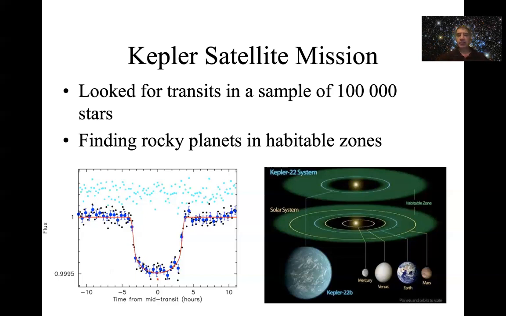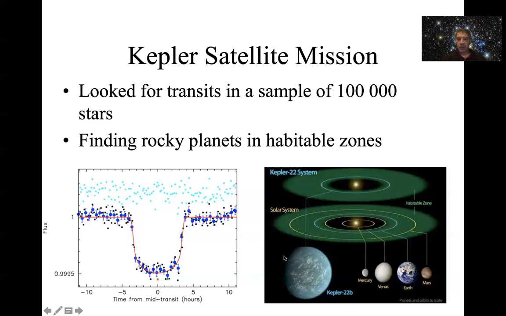That's enabled many extremely interesting planetary systems to be discovered. One example here is one of these planets referred to as Kepler 22. You can see, relative to the size of our solar system, where this planet lies.